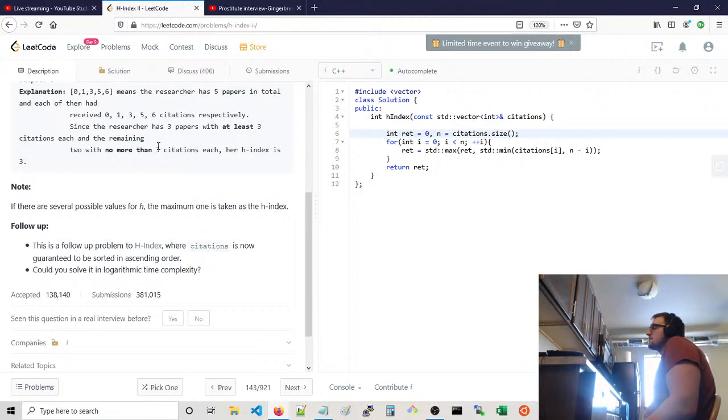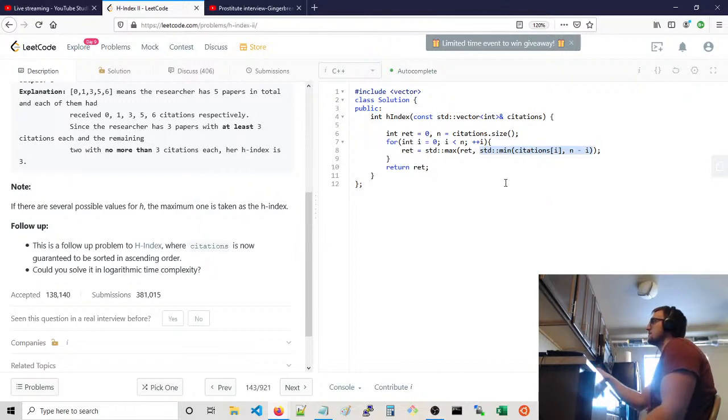So what you would do is obviously each value has this, right? Each index i has a possible h value, right? And what's interesting is that from left to right, your h value actually increases.